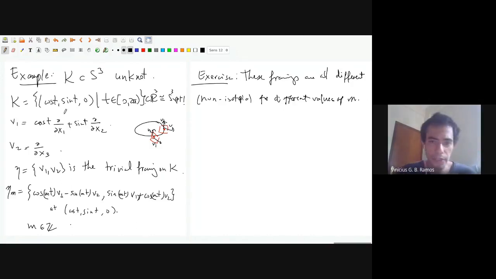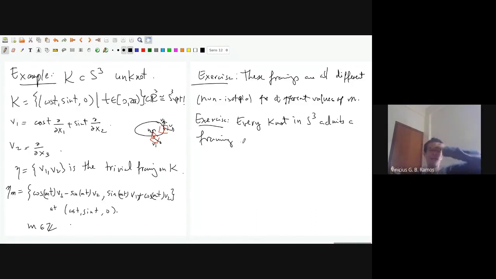So one interesting exercise, I mean, it's not very hard, but I guess it's interesting, is that every knot in S3 admits a framing. I mean, the easiest way I know how to do this is using algebraic topology, but maybe someone can think about a smart way to do it without algebraic topology.